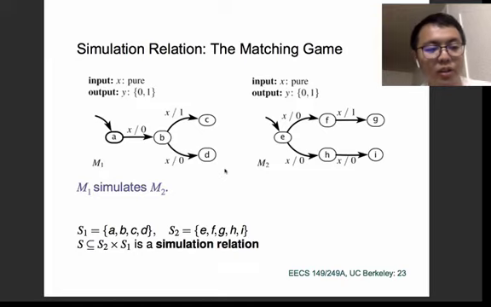But notice that they may not be in a bisimulation relation. But if M1 is bisimilar with M2, then M2 is also bisimilar with M1. This is a very subtle description. But first of all, let's just determine whether they are in a simulation relation.